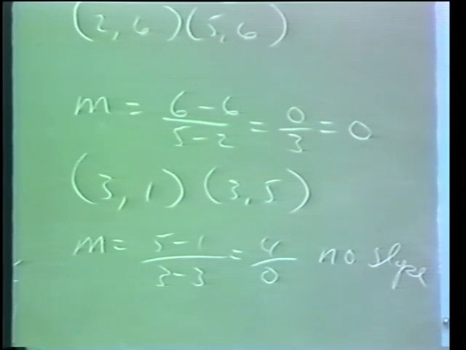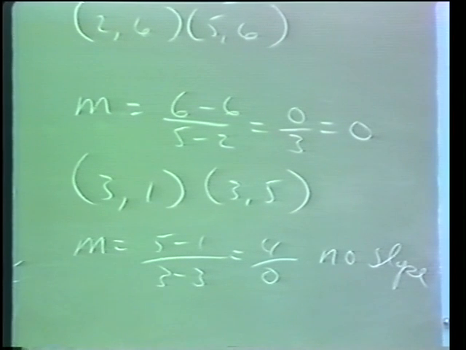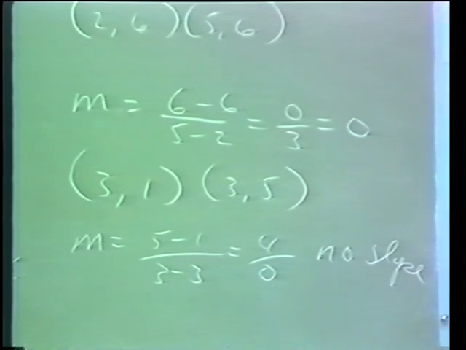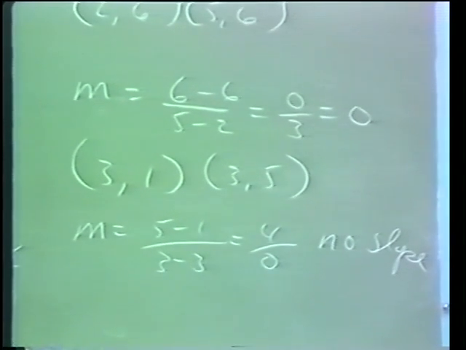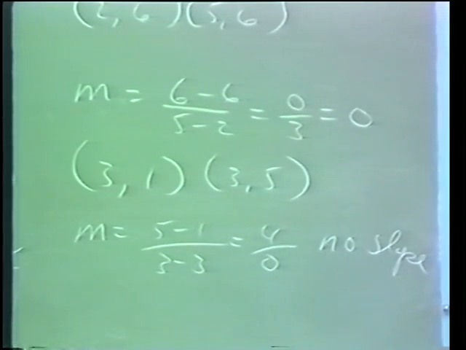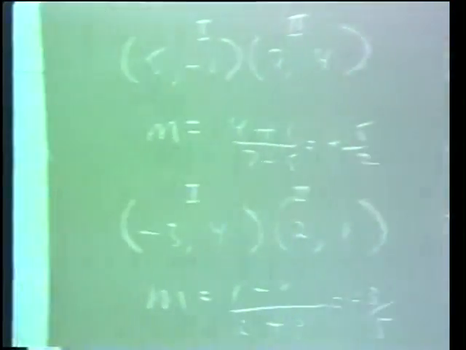So on the board, we have all the possibilities for slope. We have a positive slope, a negative slope, a zero slope, and a no slope. What we'd like to do now is show you what each of these lines look like so you know what the slopes are.